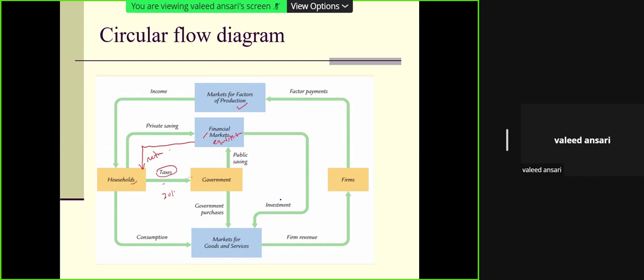For example, businesses receive revenue not only domestically, but if you introduce a foreign sector, export and import, for example export, then they receive payment for that. So there will be another actor which will be involved.